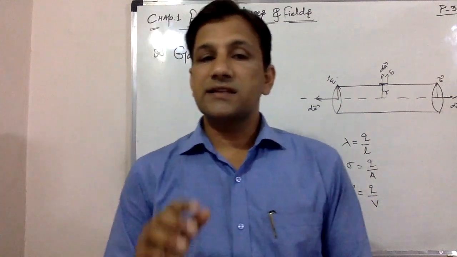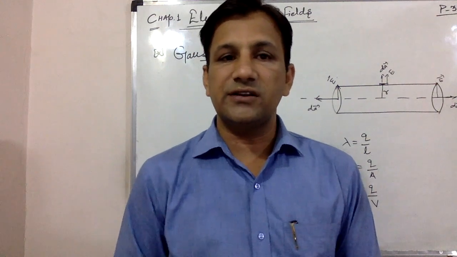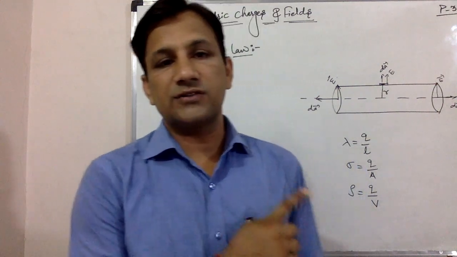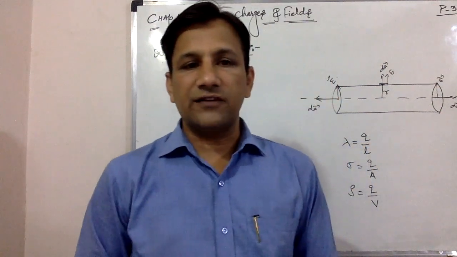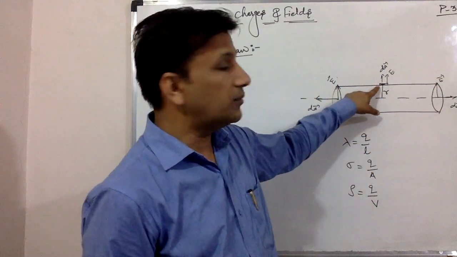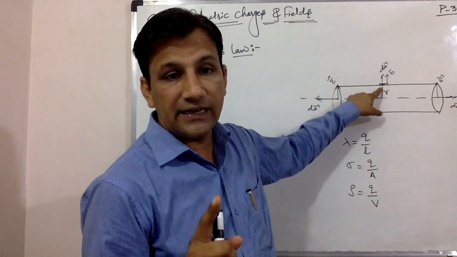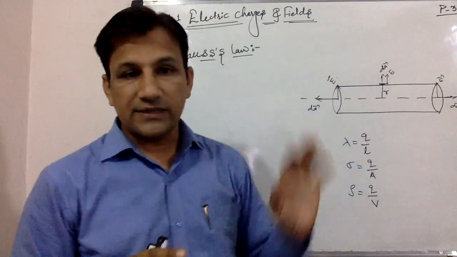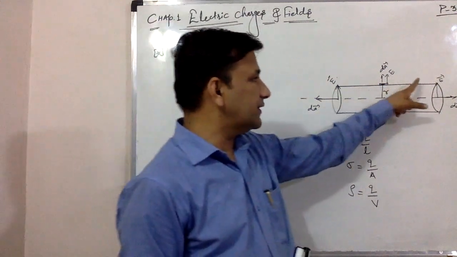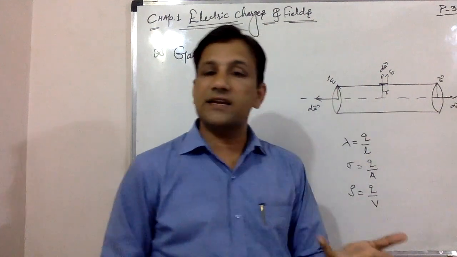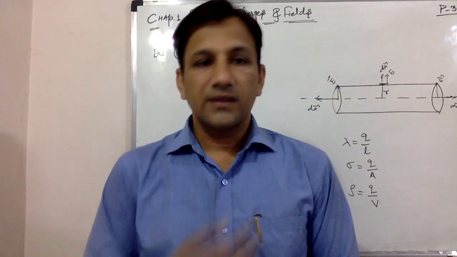Consider an infinitely long linear charge distribution having uniform linear charge density lambda, as shown in the figure. We want to find the intensity of the electric field at a given point. If I find it here or here, the radius is the same everywhere, so the electric field will be the same.